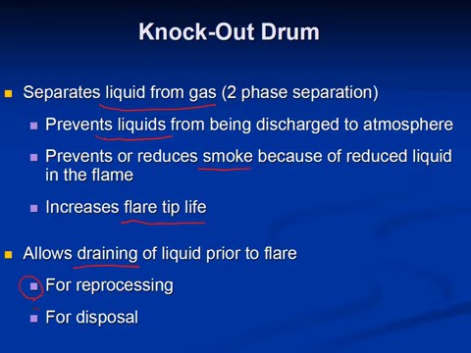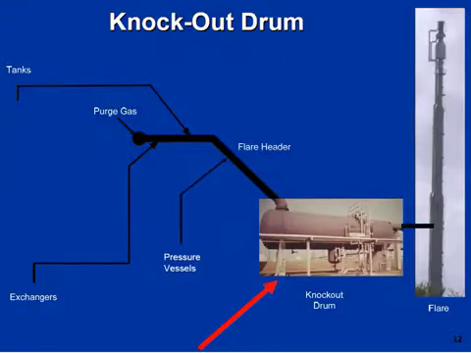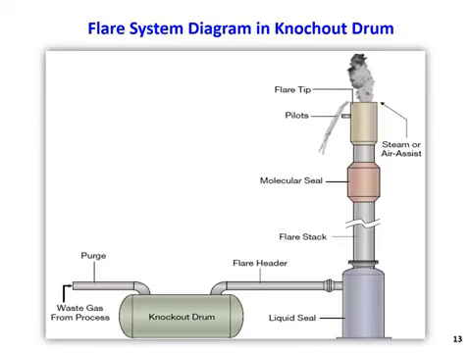And what will we do with that liquid? We either dispose of that liquid, or we reprocess it and use it in another part of the flare system. So this is important.